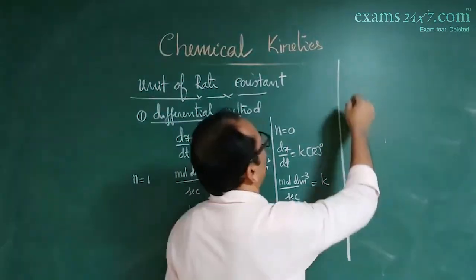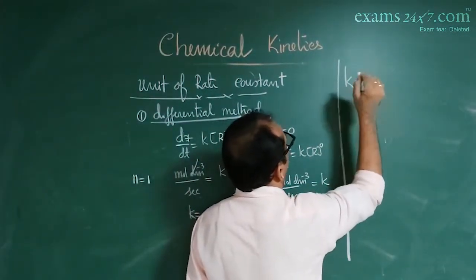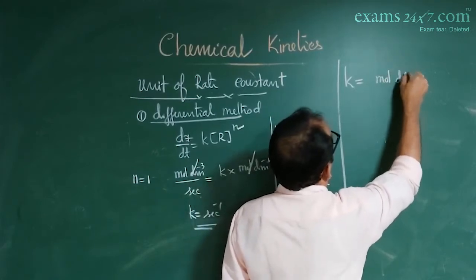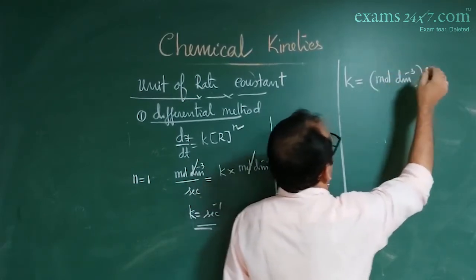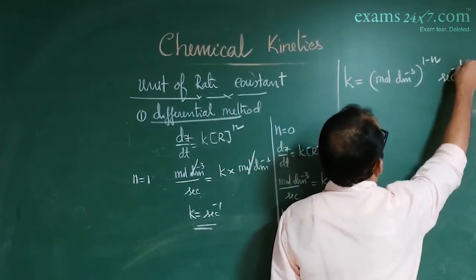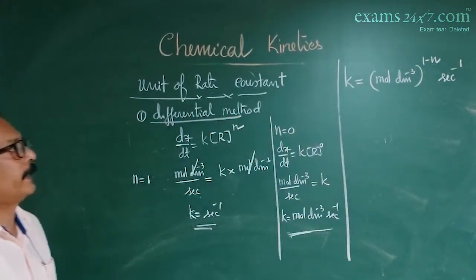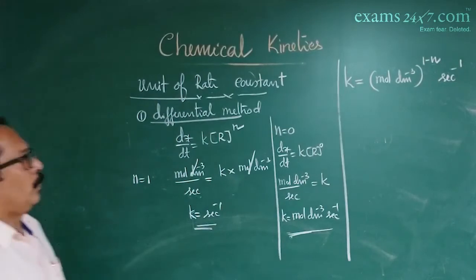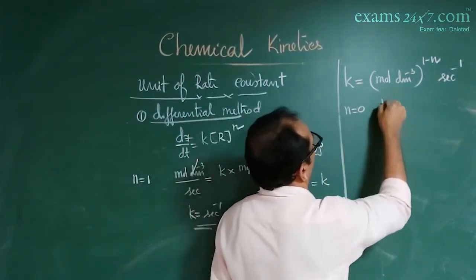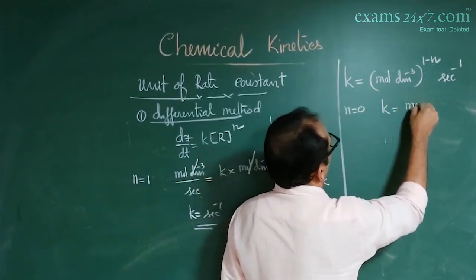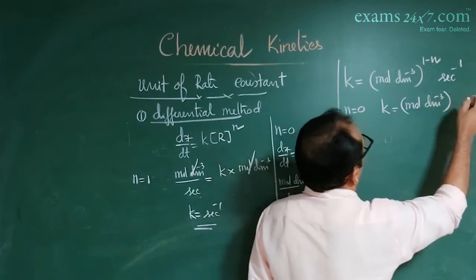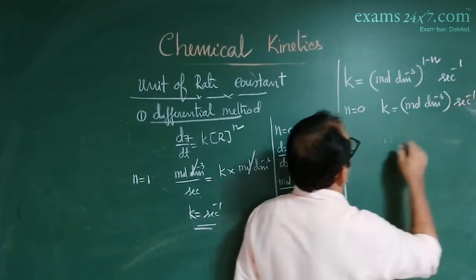In general, the rate constant K has units of mole per dm cube to the power 1 minus n, per second. For a zero order reaction, n is equal to 0, so K is mole per dm cube per second.